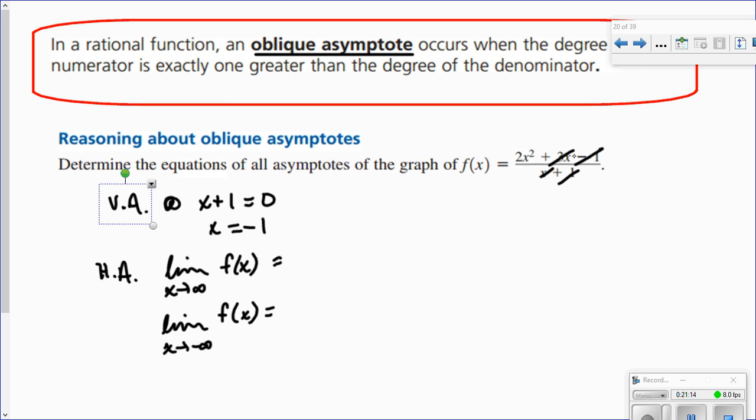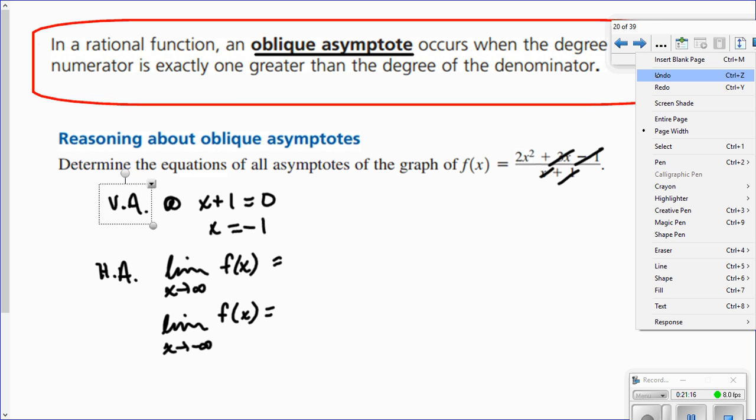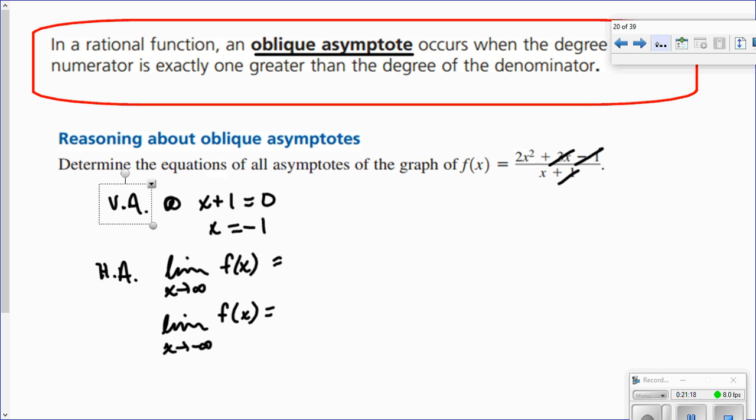But I should have maybe talked a little bit about this before I went that way. Remember that technique I did before? Let's divide everything by x squared.